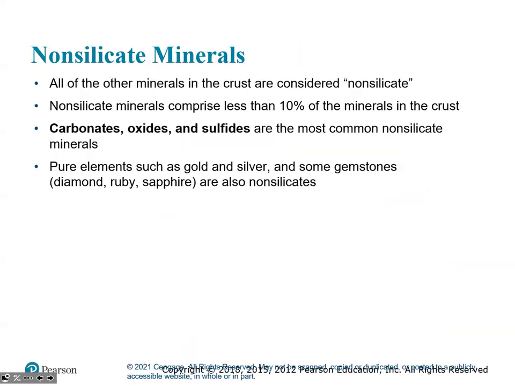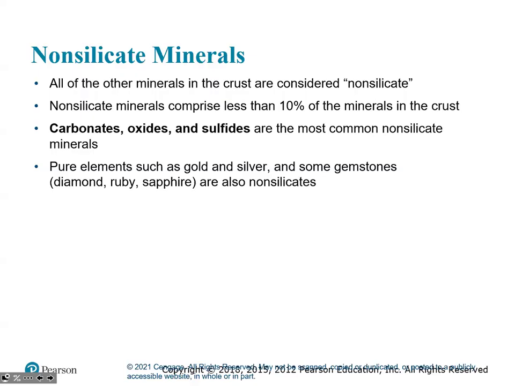Now, all of the other minerals in the crust are considered non-silicate. Non-silicate minerals are less than 10% of the crust. The most common non-silicate minerals are the carbonates, the oxides, and the sulfides. We'll actually talk about more than that. Also, things that are non-silicates include pure elements, like gold and silver, and some gemstones, like diamond, ruby, and sapphire.